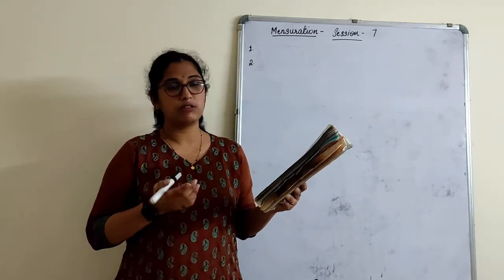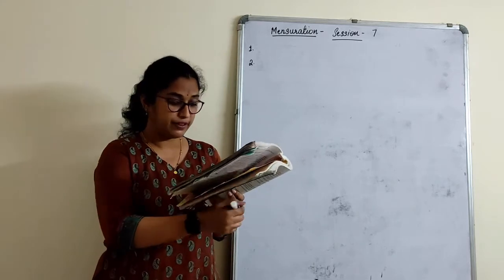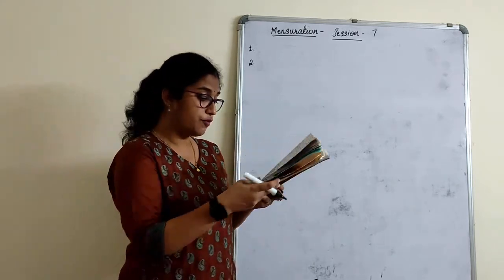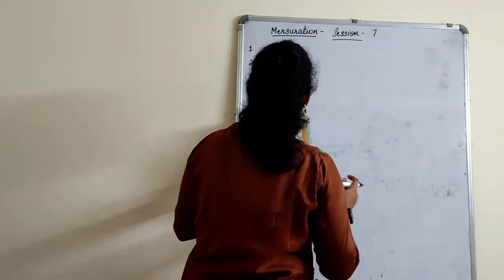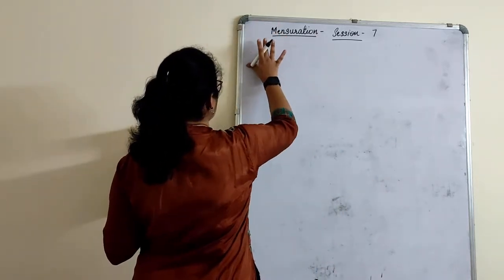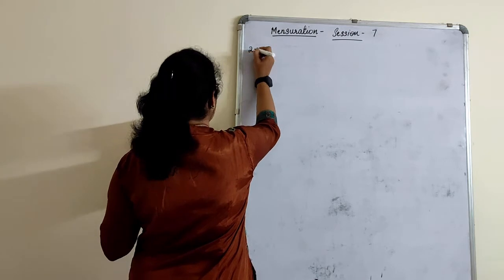Usually they will not ask you such questions orally. Here they have given it. So let's write the dimensions of A and B, find their volumes and find their surface areas. Surface area means what, children? Total surface area.